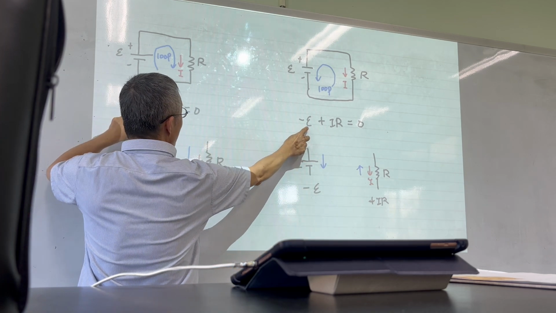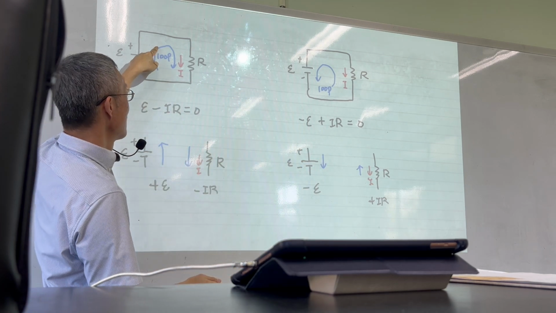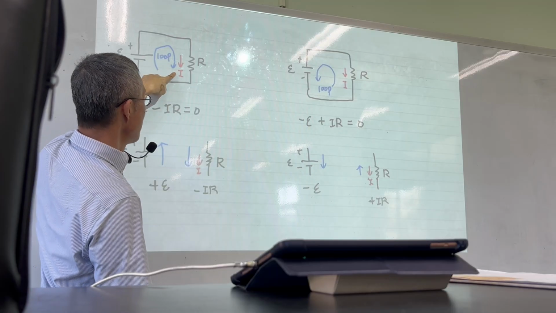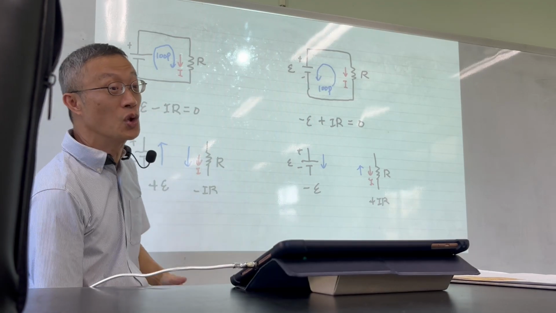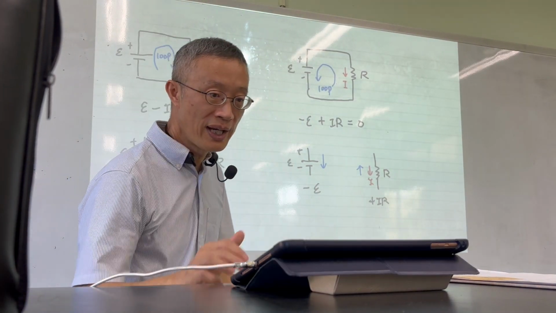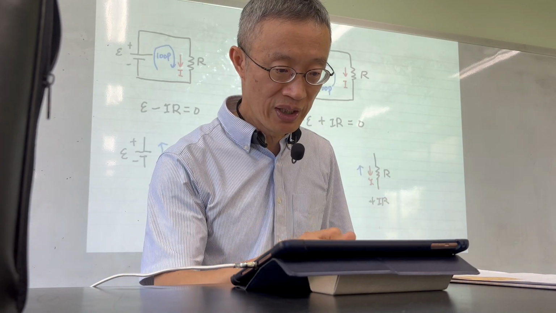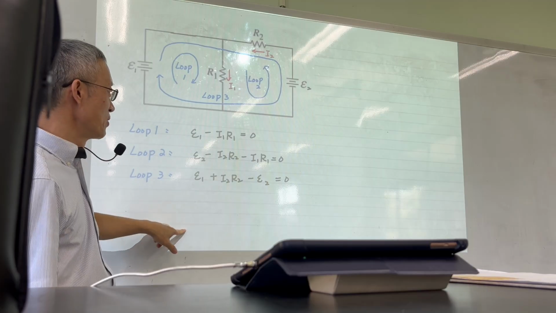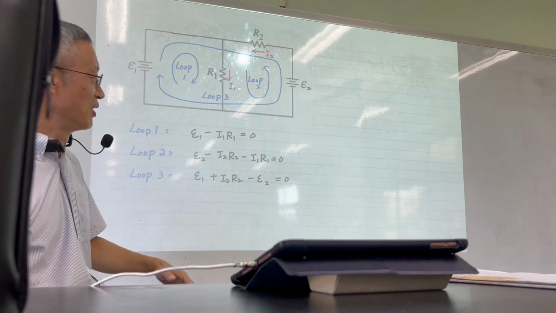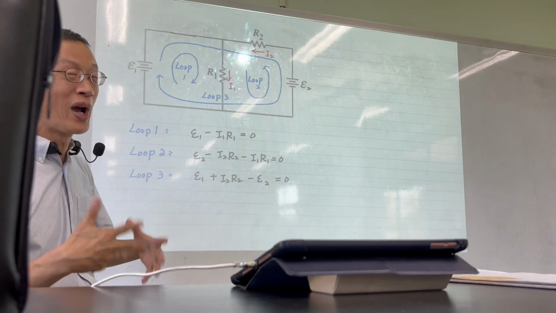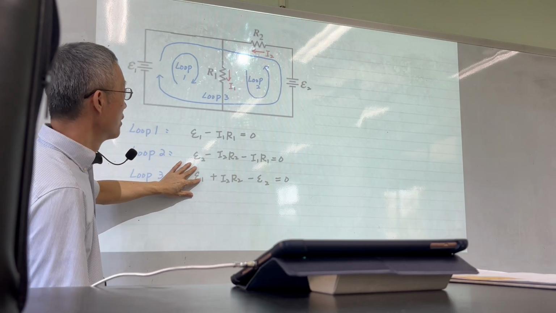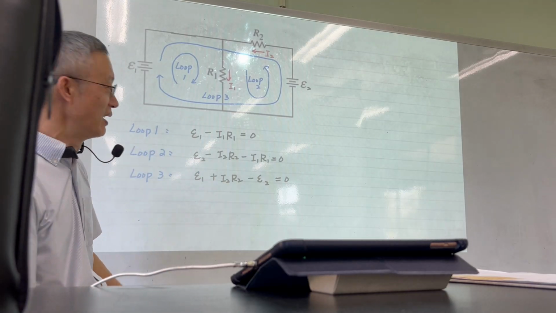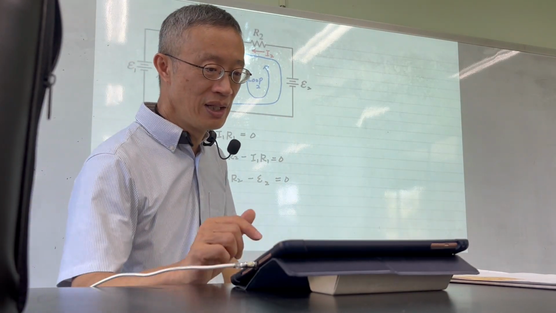Actually, these two are the same equation, just decided by the direction of the loop. So when you write down the Kirchhoff equation, like loop 1, loop 2, loop 3, they will show you which equations, and you choose which equation is the right Kirchhoff loop rule for that loop. So make sure you know how to write the equations.